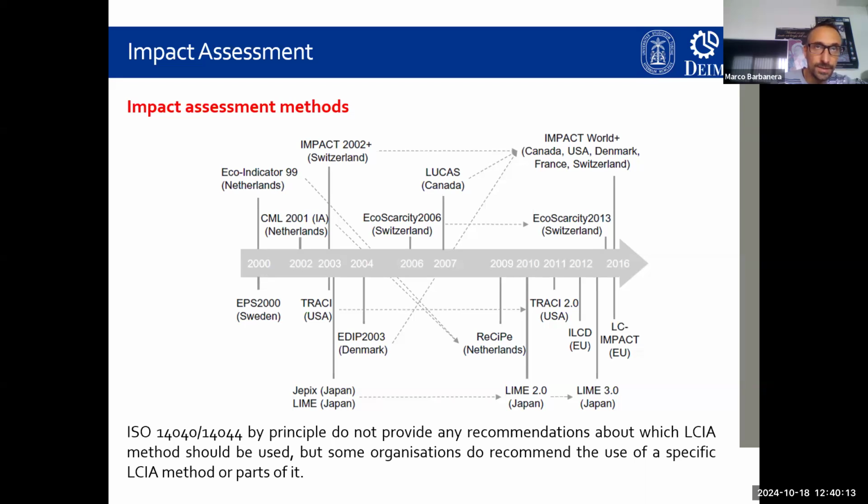And also, you could find the same impact category, but the characterization factors could not be the same because they are calculated in a different way, by different assumptions. Also, the unit of the same impact categories could be different between each impact assessment method.